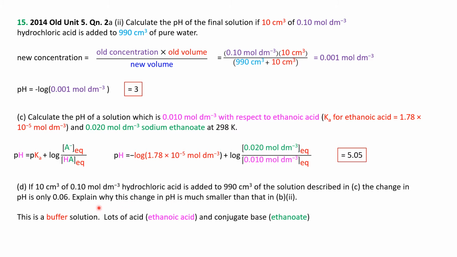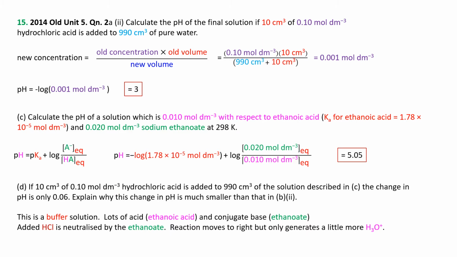So it's a 2-to-1 buffer solution. Because of that, when we add the HCl it is going to be neutralized by the ethanoate, by the base. So the reaction changes a little bit, but all of this big HCl that's added has gone. So all that happens is that you've turned the strong acid into the weak acid. So the weak acid only generates a little bit more H3O+.